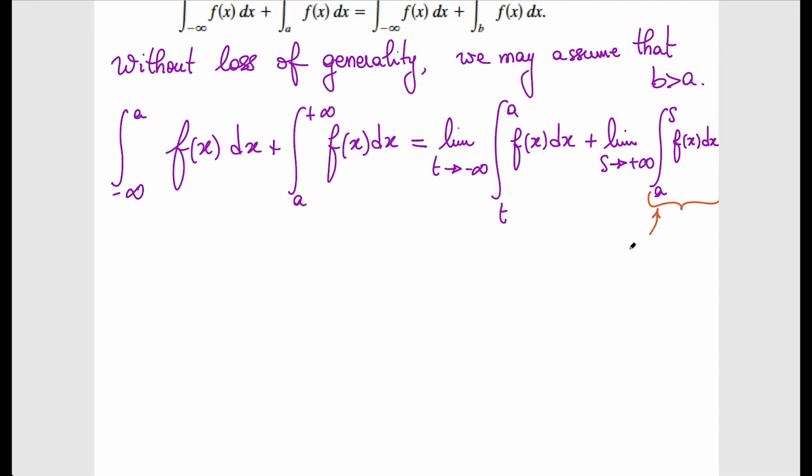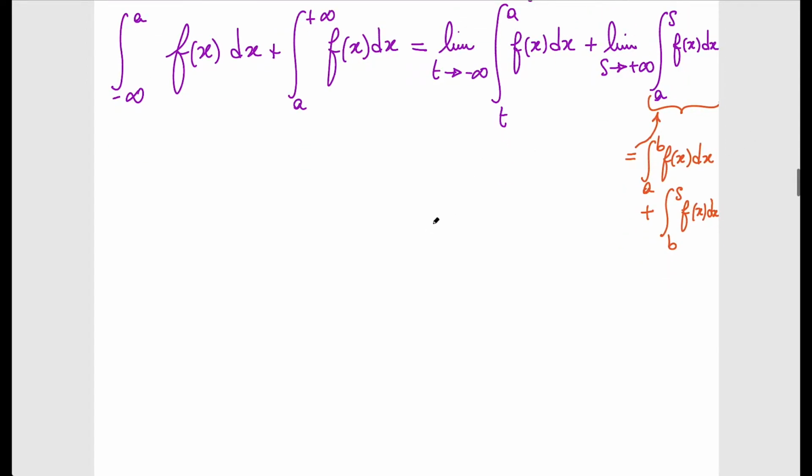So I can then rewrite this integral, for a sufficiently large s. This is equal to, because this is a definite integral over a finite interval, the integral from a to b of f of x dx plus the integral from b to s of f of x dx, right? This is how we used to do it before for integrals over finite intervals. So let me rewrite what we have.